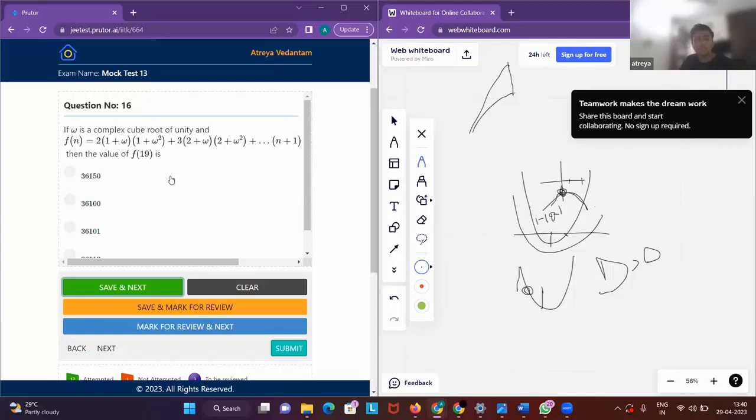So this is really the series we want to add: (n + 1)(n^2 - n + 1). Let's make sure we have the correct answer, because the first term is 2. If you put n = 1, you get 2. Yes. So you want to add this from n = 1 to n = 19.